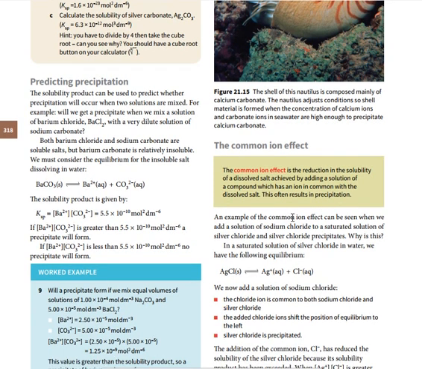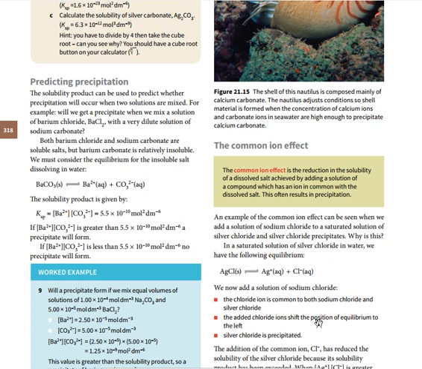So for example, when you have sodium chloride and you have silver chloride, you have a reduction in solubility of silver chloride because you have added sodium chloride. We first have silver chloride, it has dissolved. We now add a solution of sodium chloride. The chloride ion is common in both sodium chloride and silver chloride.